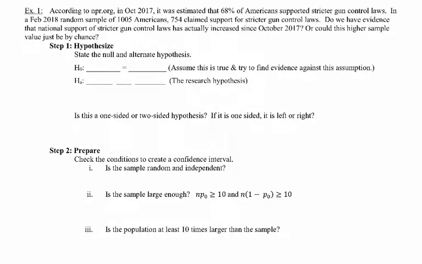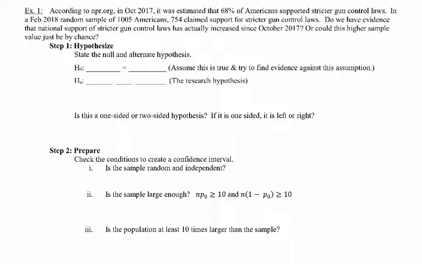According to NPR, in October 2017, it was estimated that 68% of Americans supported stricter gun control laws. In February of 2018, in a random sample of 1,005 Americans, 754 claimed support for stricter gun control laws. So do we have evidence that national support of stricter gun control laws has actually increased since that October 2017 claim?